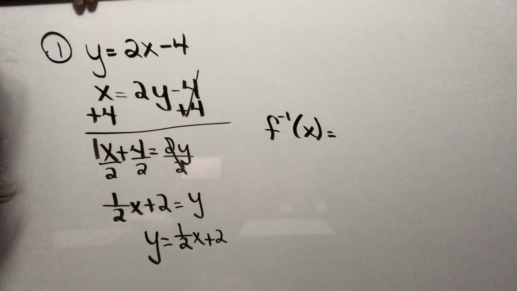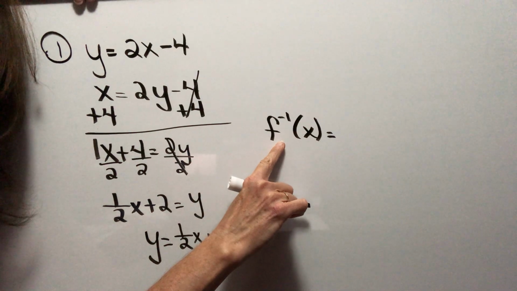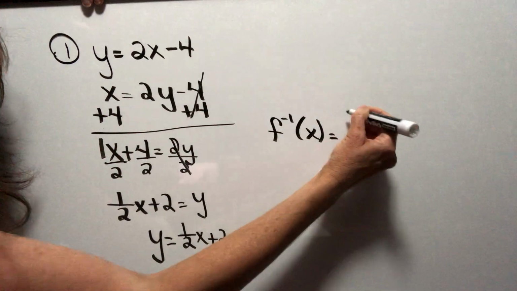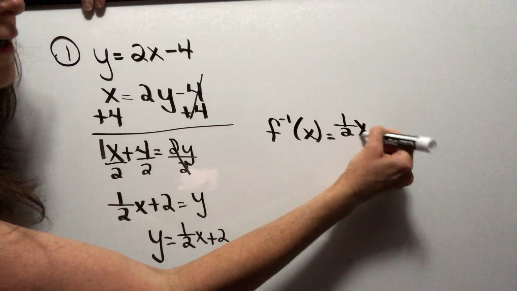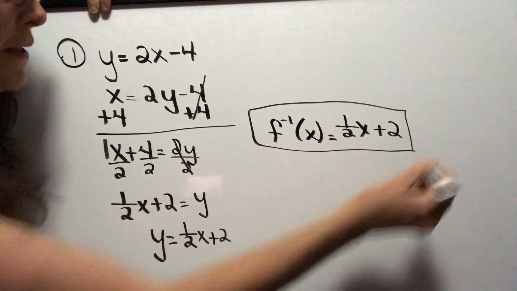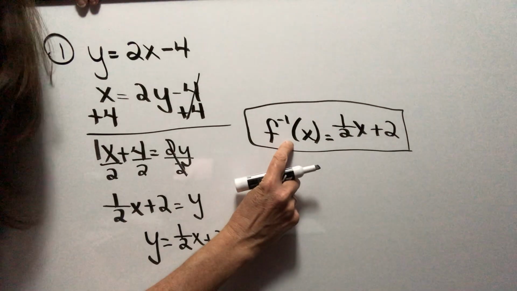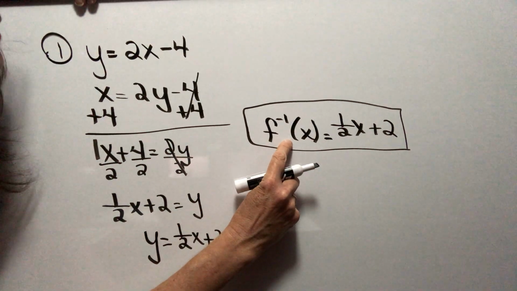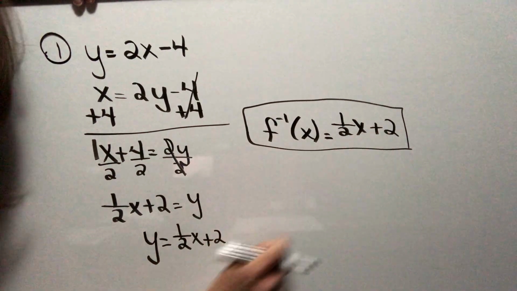Now it's important to note that is not a -1 power, that is read the inverse of f. And then it would be 1/2 x plus 2. So the way you would write your final answer for number 1 is with this notation. This would be called f inverse, or the inverse of f, and then it's 1/2 x plus 2.